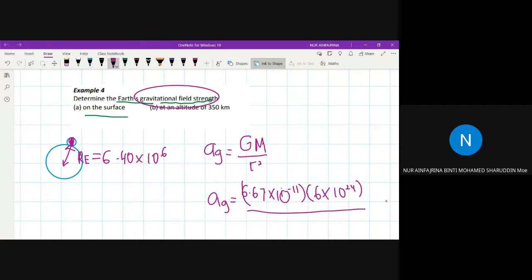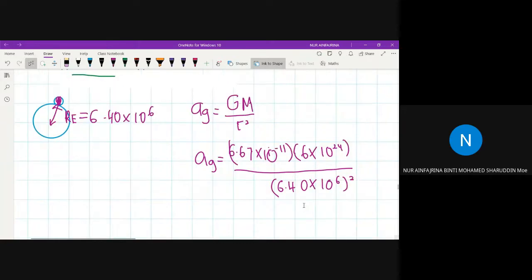And radius of Earth, sebab kita tahu distance dia adalah from center of the Earth to the surface of the Earth. So distance dia adalah sama dengan radius of Earth, 6.4 times 10 to power 6 squared. So therefore, awak tekan kalkulator, korang dapat berapa? Berapa korang dapat? 9.77 meter per second squared.